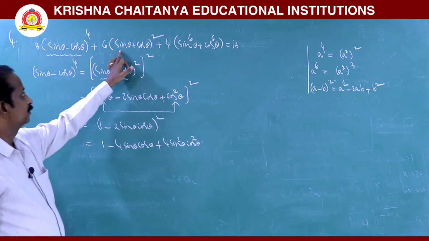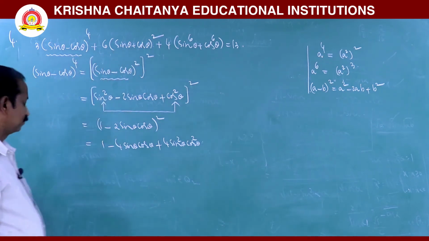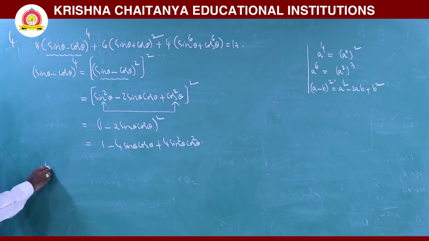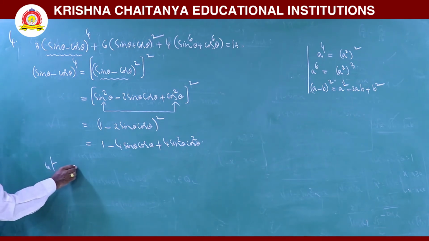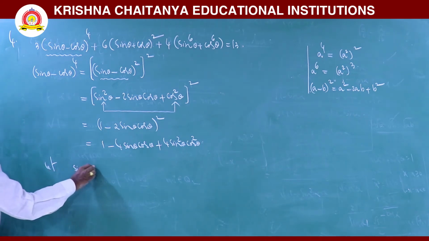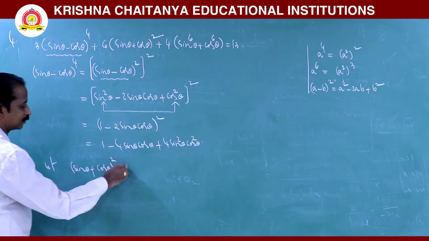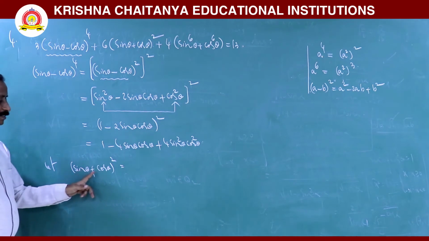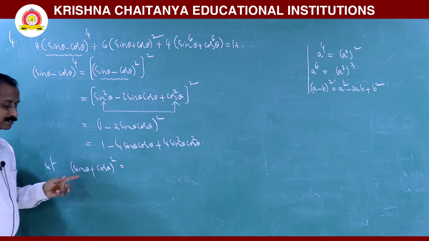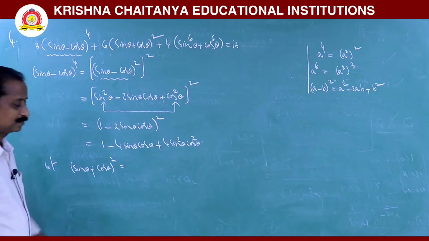Now consider (sin theta plus cos theta) whole square. Again we consider the second term and need its simplification. It is in the form (a plus b) whole square, a square plus 2ab plus b square.